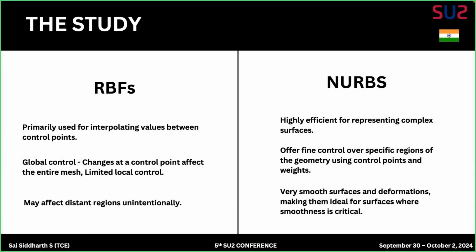NURBS, on the other hand, offer much finer control over specific regions using control points and weights. They generate very smooth surfaces and deformations, which are crucial where smoothness is critical, especially in Formula Student applications. While I was designing the nose cone for the seventh generation vehicle, there was a big bump, which was mistakenly designed by the team itself.